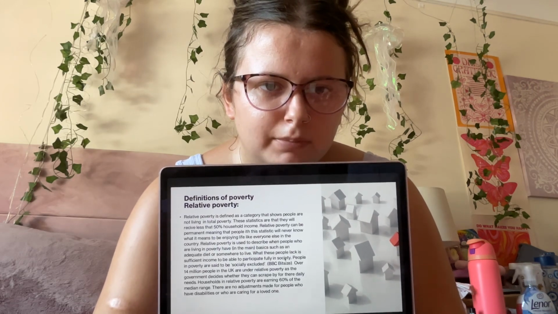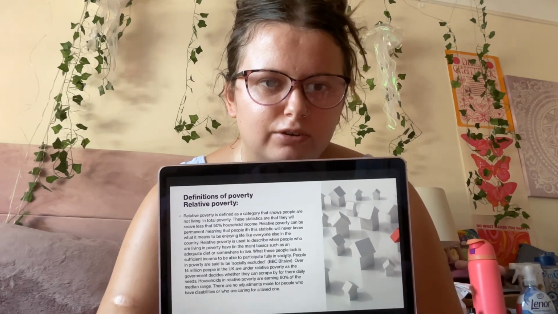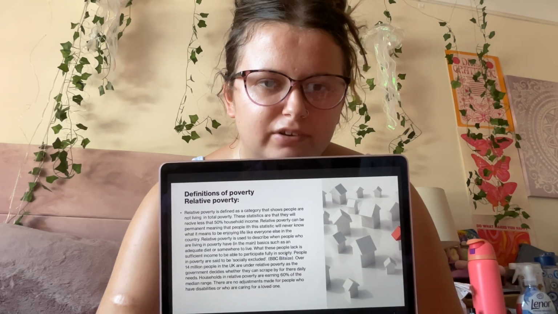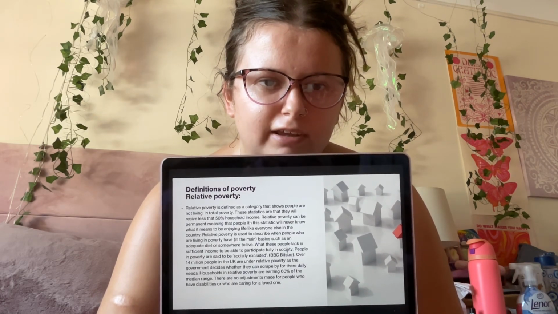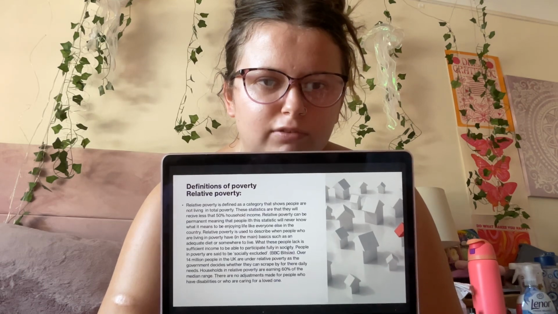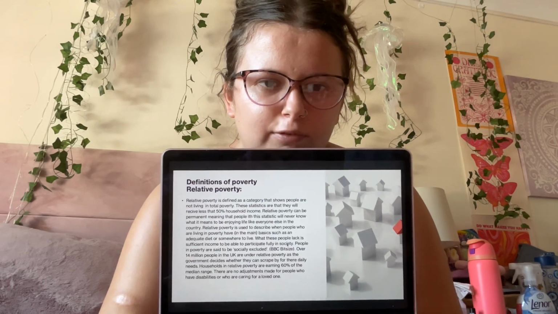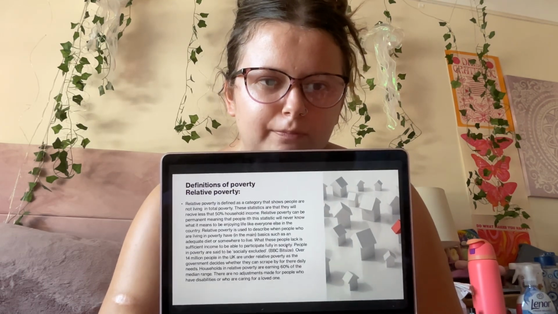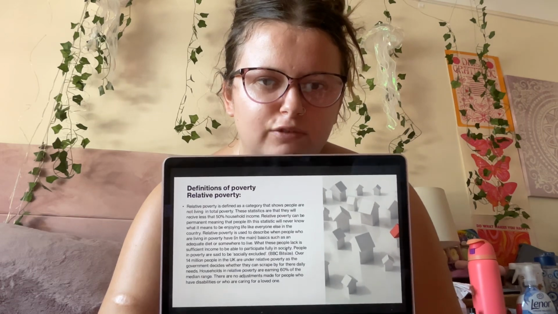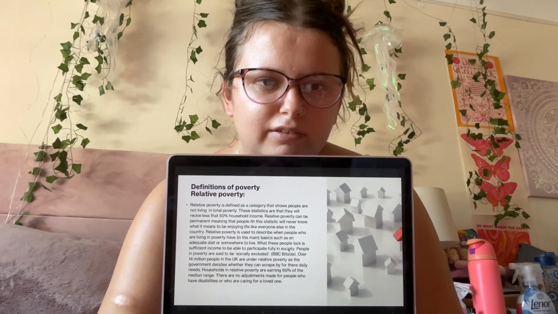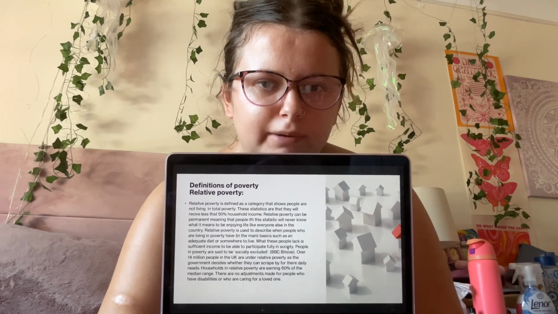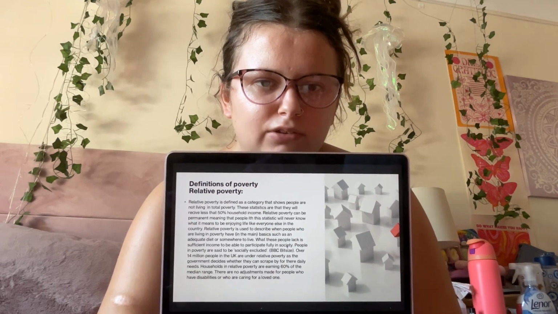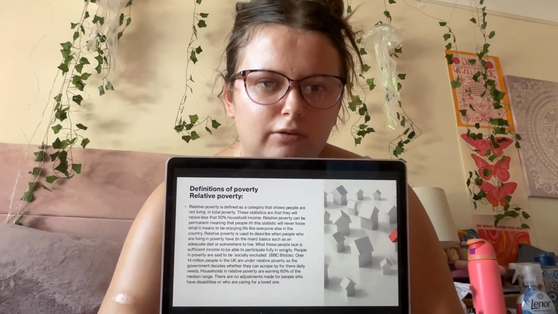What these people lack is sufficient income to be able to participate fully in society. People in poverty are under relative poverty as the government decides whether they can scrape by for daily needs. Households in relative poverty are earning 60% of a median range. There are no adjustments made for people who have disabilities or who are caring for a loved one.